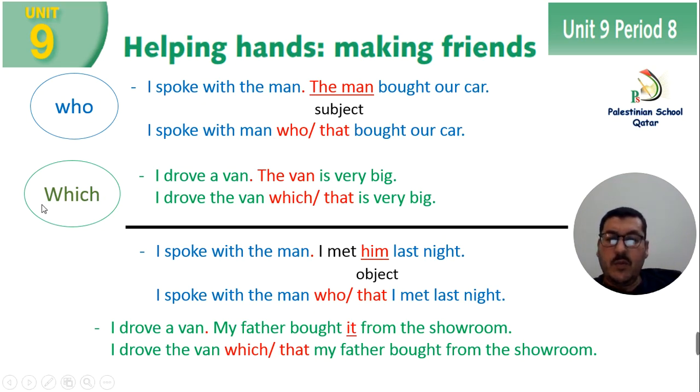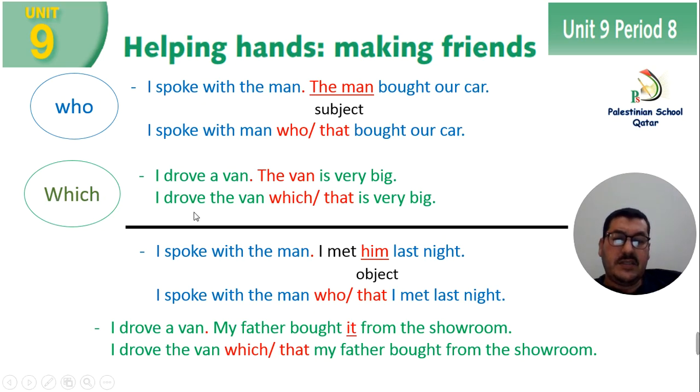Now when I come to which: I drove a van. The van is very big. Here I mention the van for the second time. When we mention something a second time or more than one time, it's better to replace it with who, which or that.